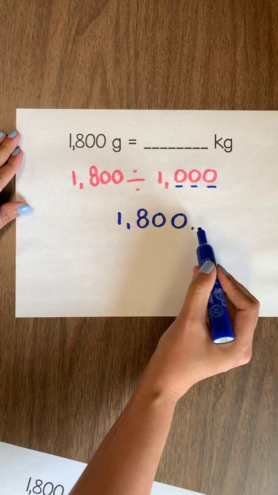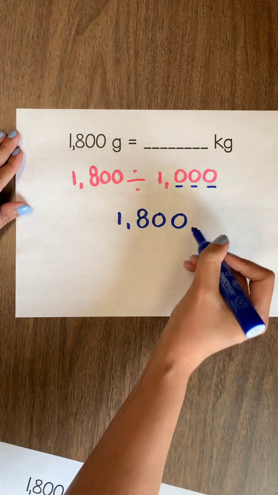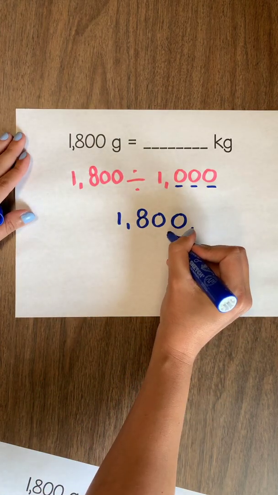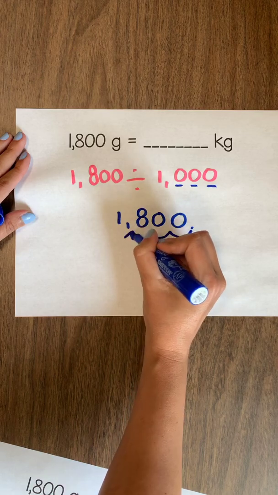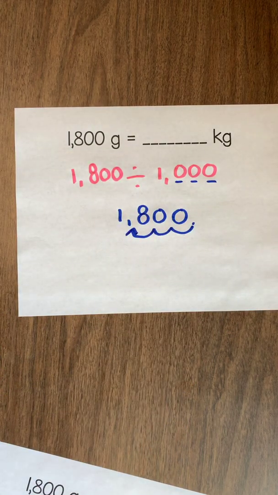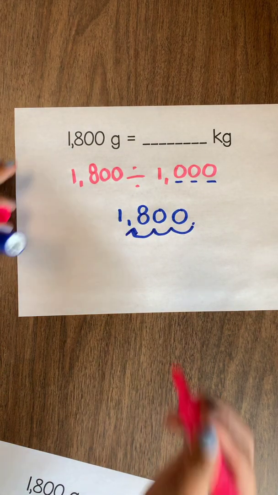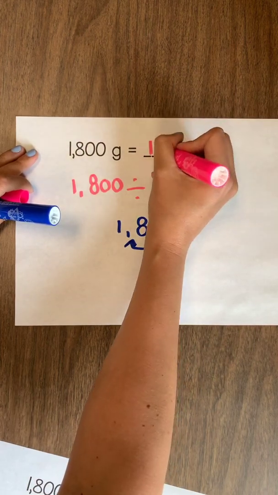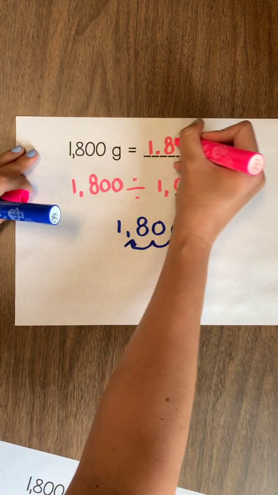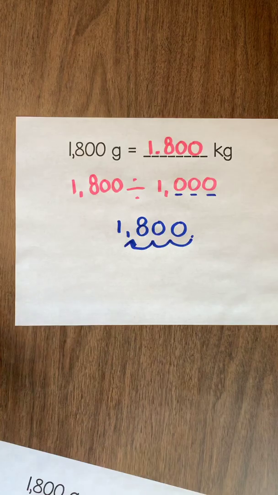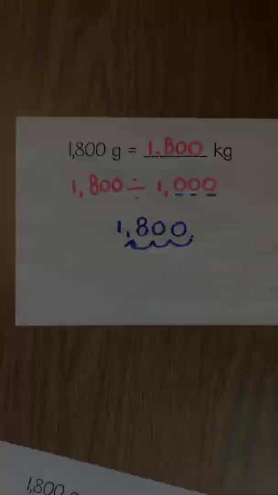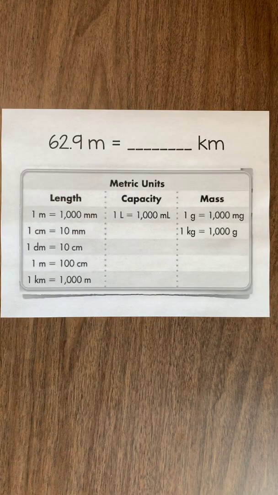So to make it small, we need to move to the left 3 times. So here we go. 1, 2, 3. It needs to go in place of that comma. So then our final answer would be 1.800 kilograms. All right, here's your next problem to try out so that you can get really good at this.